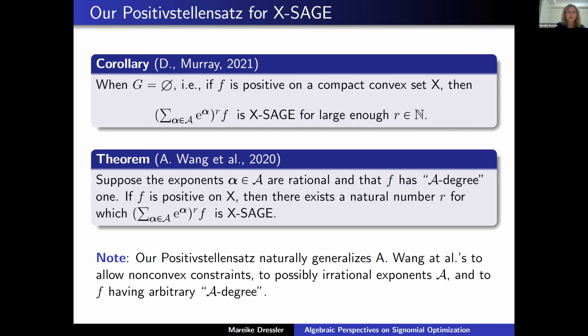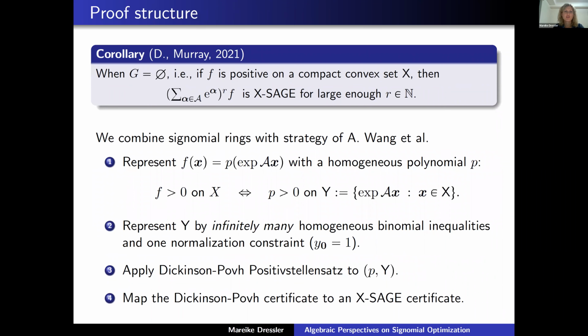All right, so let me really shortly outline the proof structure of the corollary. Namely, what we basically do is take our Signomial problem, then map this Signomial problem to a polynomial one.